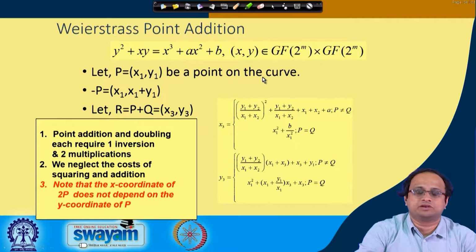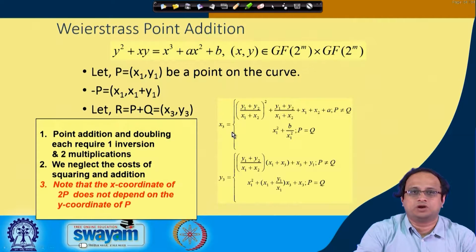So basically, we were discussing this form of the curve, which is defined over characteristic two fields, where x and y are elements of GF(2^m) cross GF(2^m). We stopped in the last class by noting that the x coordinate of the doubling operation, that is when you are doubling P, computing 2P, depends only upon the x coordinate of P. It does not depend upon the y coordinate of P. That is an important observation, and we also discussed that we can potentially perform the addition in a similar way with only the x coordinates.